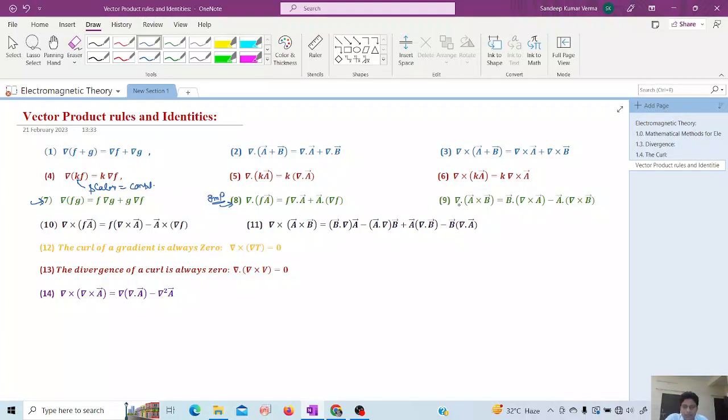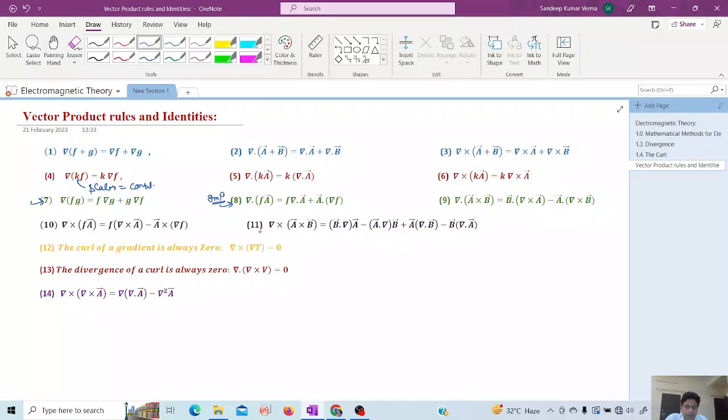In the ninth, the divergence of A cross B can be written as B dot curl of A minus A dot curl of B. And in the tenth, the curl of a scalar times a vector can be written as the scalar times curl of A minus vector A cross gradient of f.